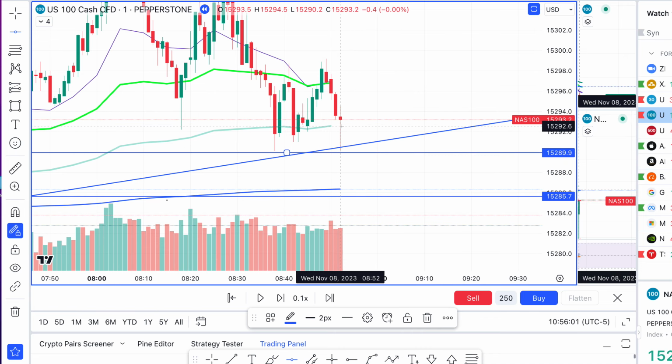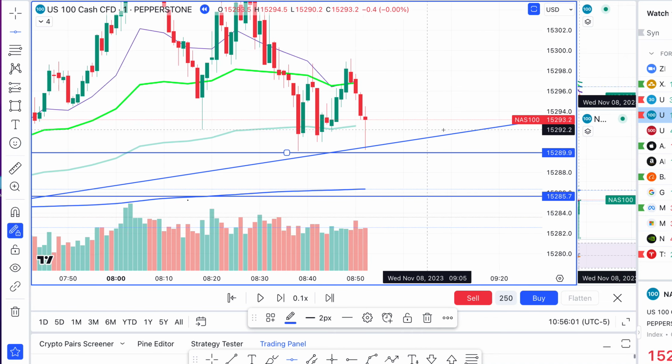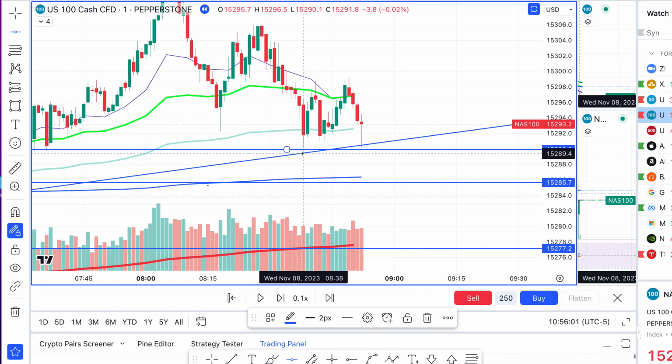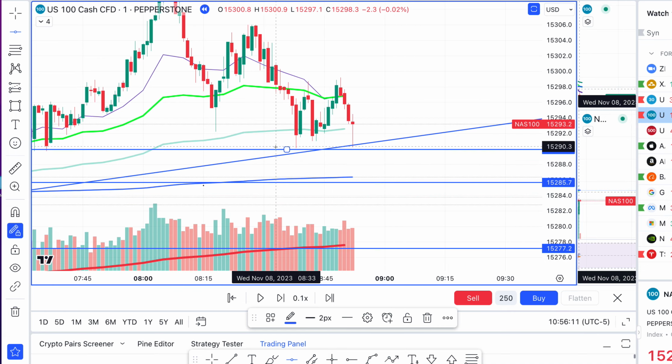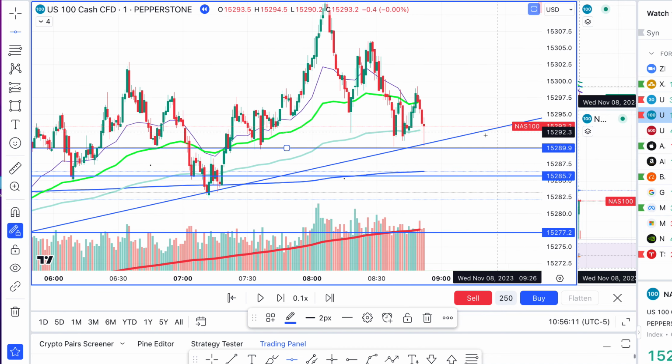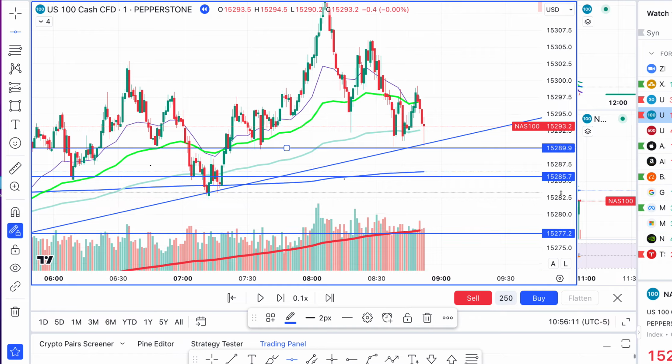And that makes it go right back up and turn into a pin hammer. That is a place to buy. And that's right in the apex area, right? And it's a double bottom. It's at a launch level, a level where price launched before, and it's touching the trend line.